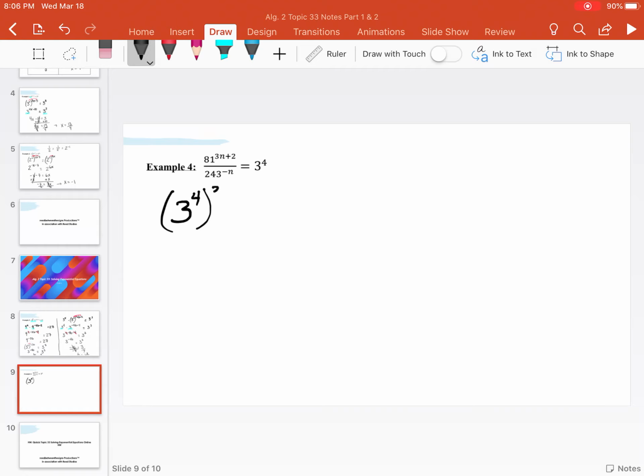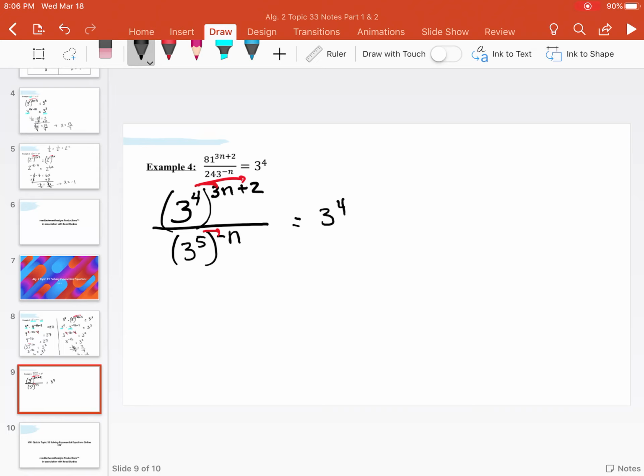All raised to the 3n plus 2 over 243 is 3 to the 5th, raised to the negative n. That's equal to 3 to the 4th. Here, since we have a power raised to a power, we can apply that. Same there.